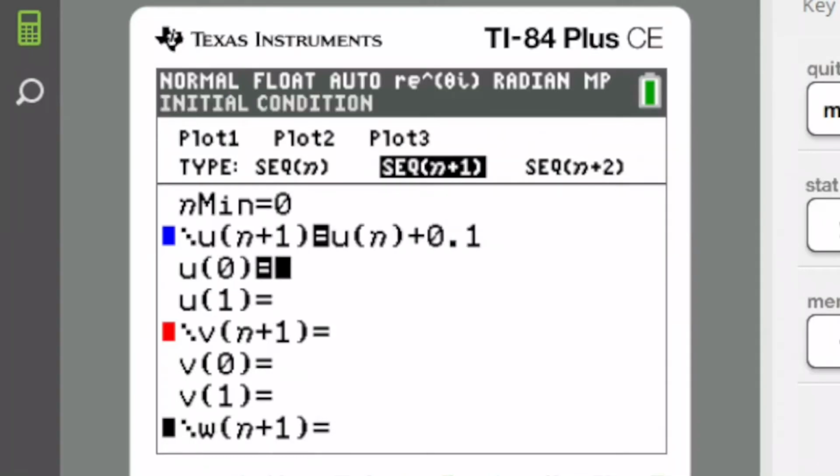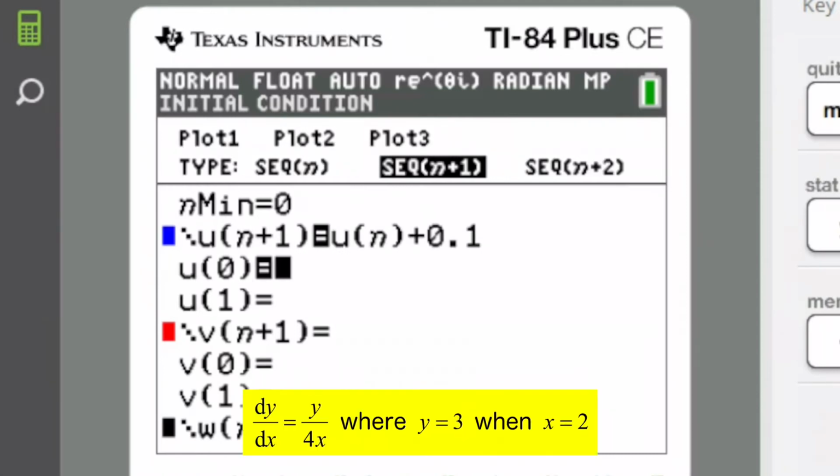When using Euler's method, we also need to input the correct initial boundary conditions. u0, which means at the beginning what would be the x coordinate. From the question, we know that the initial value of x is 2, so we input u0 equals 2.